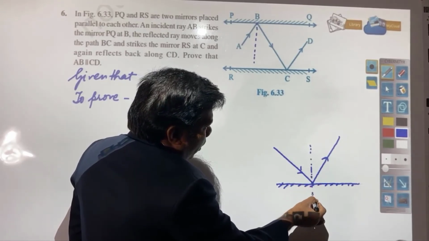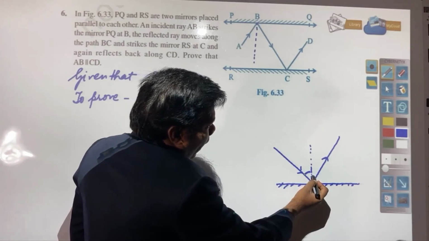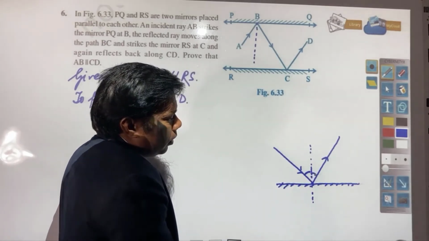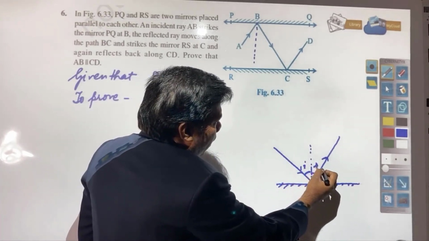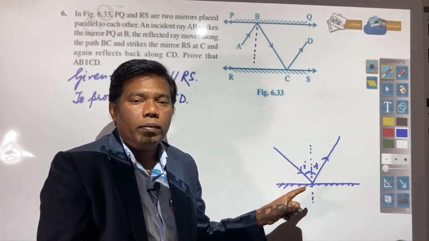So what is the law? Angle of incidence and angle of reflection: this is I, this is R. Always angle of incidence is equal to angle of reflection.